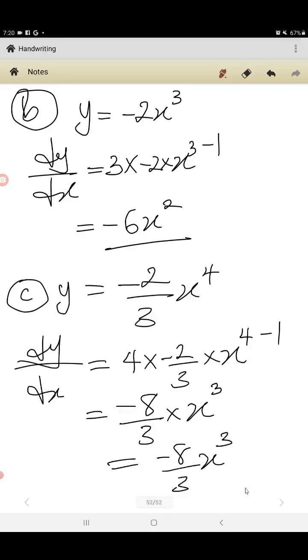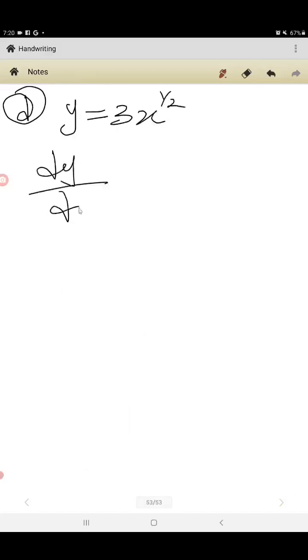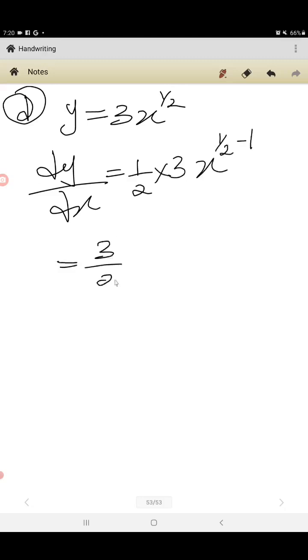So let's also solve one more so we are able to get it better. For d, for example, we have y is equal to 3x raised to power half. You just have to apply the formula that dy over dx is equal to half times 3 times x raised to power half minus 1, which gives 3 over 2 times x raised to power minus half.